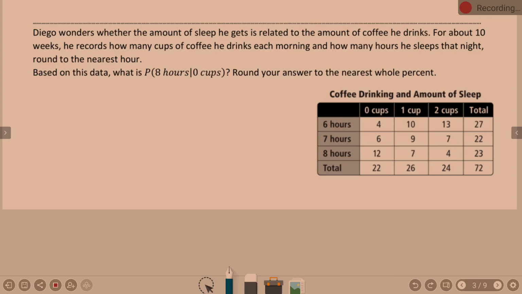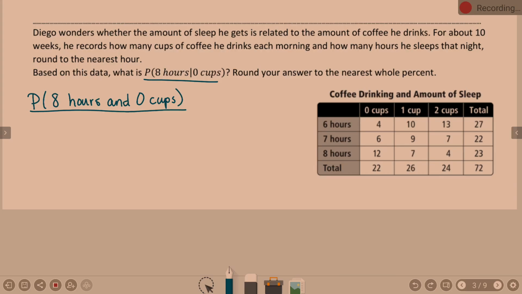Okay, so there's your setup. What's going on top of my fraction? Okay, so on top it's going to be the probability that he gets 8 hours of sleep and drinks 0 cups of coffee. So on top, it's always both of them together.